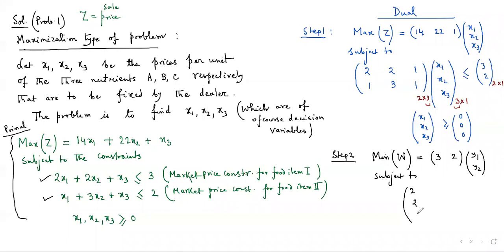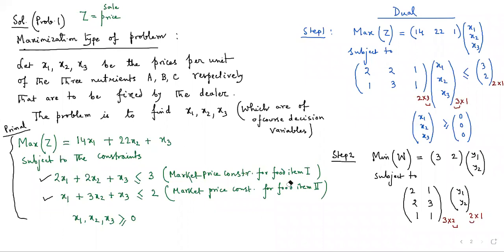So we write it as 2, 2, 1, 1, 3, 1, the transpose of the coefficient matrix, whose order is 3 cross 2, multiplied by the column vector y1, y2, whose order is 2 cross 1, so that the number of columns is equal to the number of rows in the two matrices.